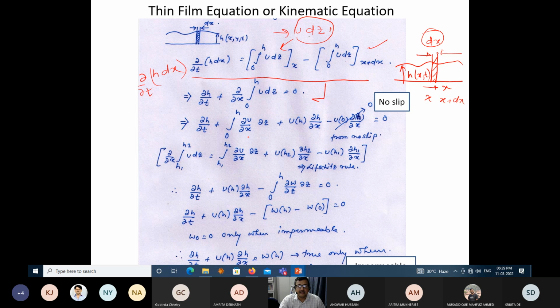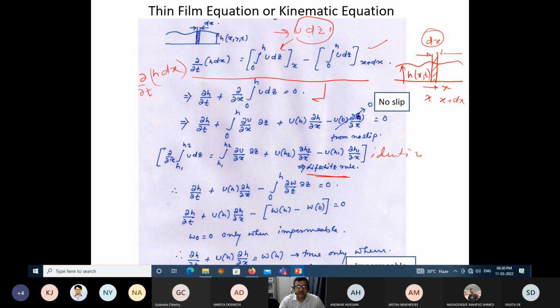These terms are taken on the left hand side. Now you apply the Leibniz rule. This is a variational principle that if you have del x of the integral of u dz from h1 to h2, you can write it as the integral from h1 to h2 of del u by del x dz, plus u at h2 times del h2 by del x, minus u at h1 times del h1 by del x. This is an identity that is available. If you enforce this identity here, you are going to expand this into 3 parts. One is this part, one is this part, and the other is this part.